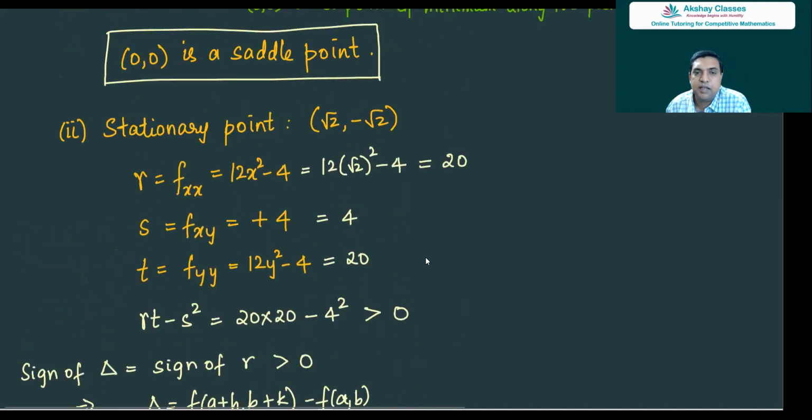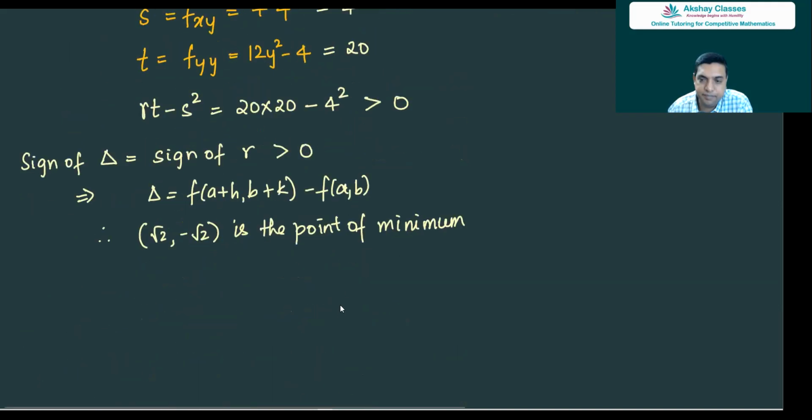For the third stationary point also, it is (minus root 2, plus root 2). See the signs, because it is 12x^2 minus 4 and 12y^2 minus 4, that minus sign doesn't change. You get exactly the same thing. So (minus root 2, root 2) is also the point of minimum.